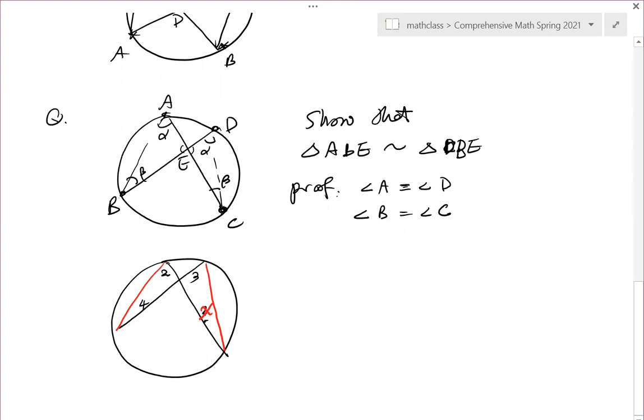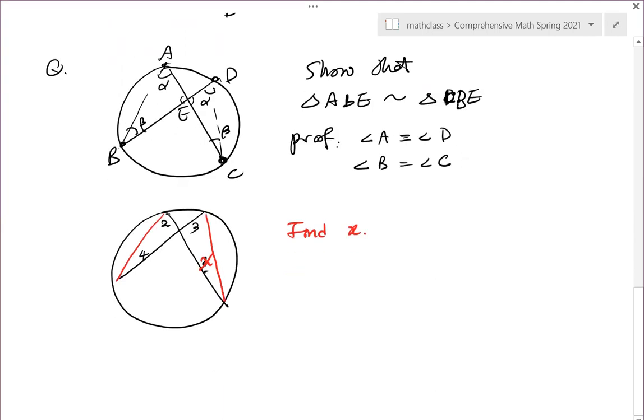Right. So we can do that, right? By the similarity, find the X here. The triangle here is A, B, C, D, and E, so the triangle ABE is similar to the triangle DCE.